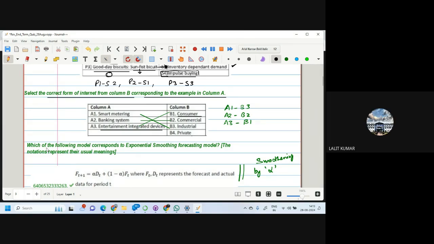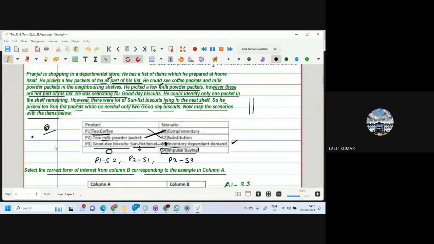No, no. See, Zabia, there is only one difference here. He had come for the tea. I'll give you an example. If the tea was not there and he purchased coffee, this is a substitution. However, with both, for example, he has purchased tea or coffee. Now he needs milk. Milk was not on his shopping list, but he knows that milk will be required.